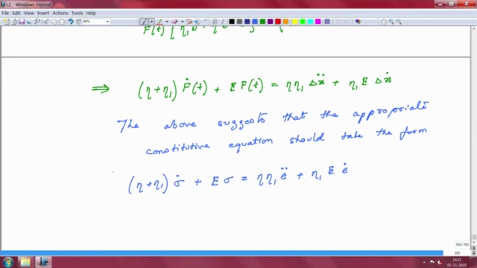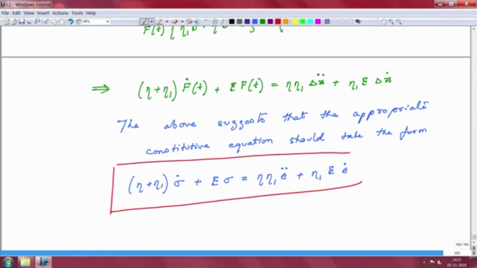So this is the constitutive relationship for the Jeffreys fluid.